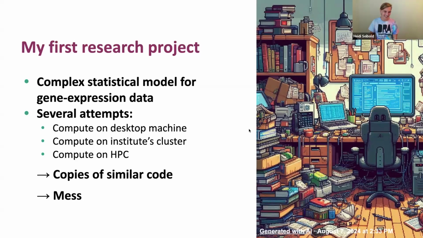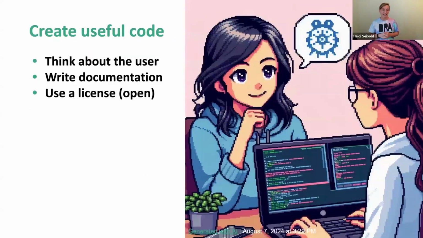Excellent, wonderful. So in that case, I'm going to go on and talk about the next topic, which is creating useful code. And here I brought 3 suggestions for you today. The first is to start thinking about the user, right? Who's going to be the user of my software? Is it going to be other software people?